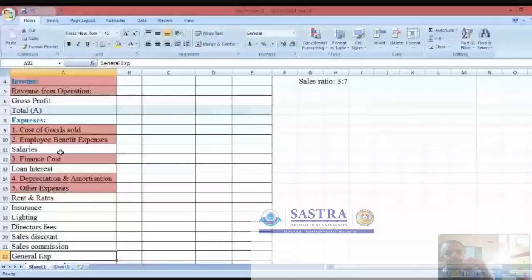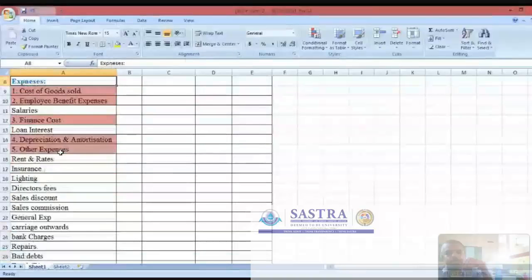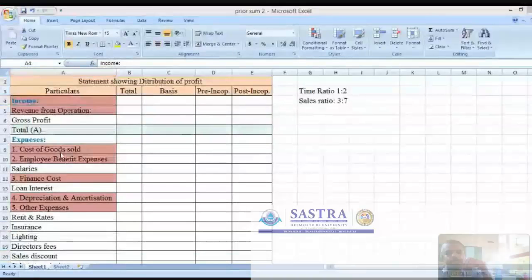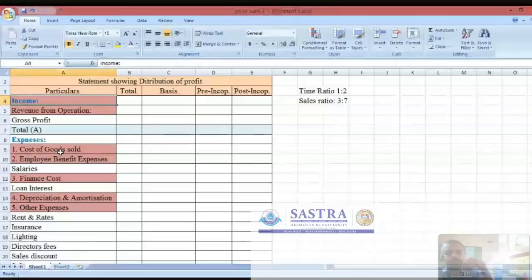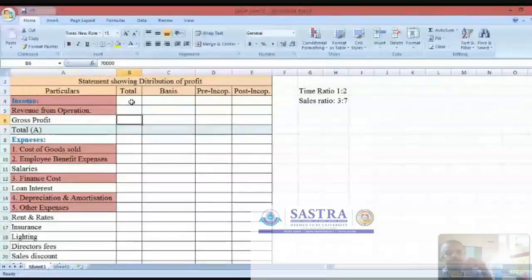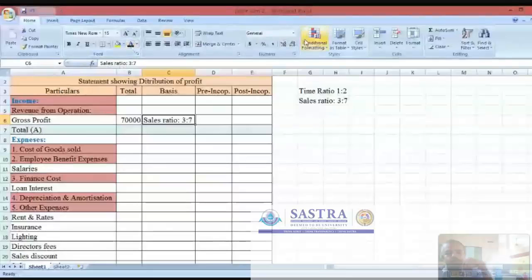So let's go for the first one, gross profit. The gross profit in this sum is 70,000. As I said, gross profit is based on sales. When sales increase, gross profit increases; when sales decrease, gross profit decreases. The basis for gross profit is the sales ratio, which we already calculated as 3 to 7.